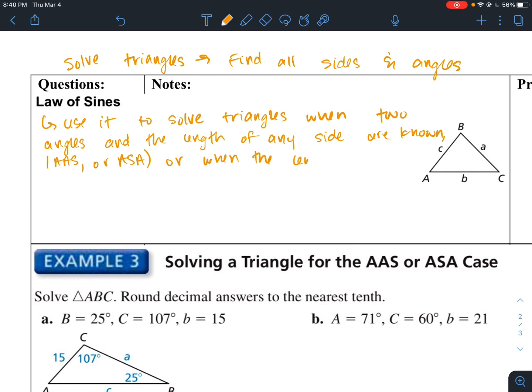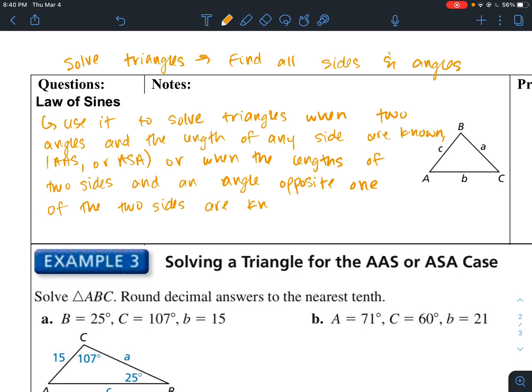Or when the lengths of two sides and an angle opposite one of the two sides are known. So that would mean side, side, angle.